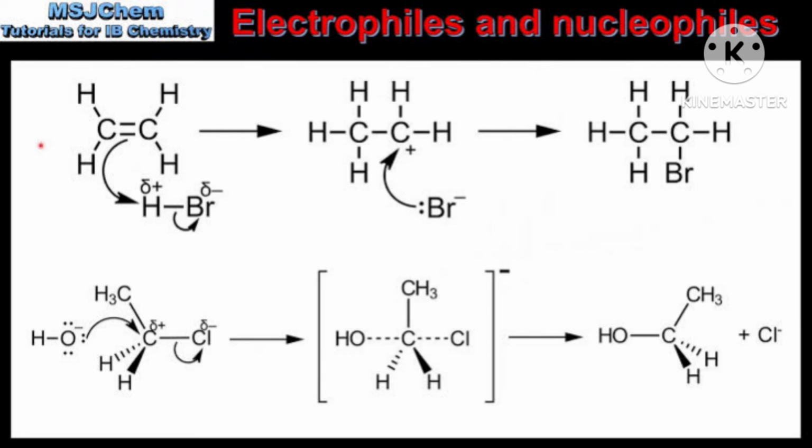The fractional electronic charges on the two atoms in a polar covalent bond are denoted by the symbol delta, and the shift of electron density is shown by an arrow that points from delta plus to delta minus.